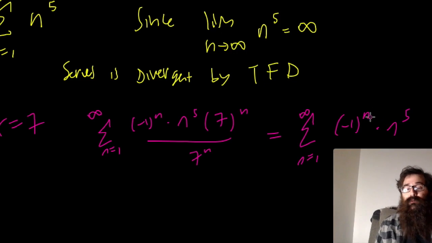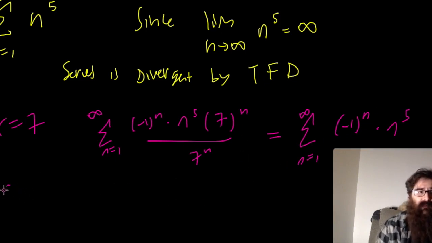Now this is an alternating series, so I could use alternating series test, but it's going to fail miserably. These terms don't decrease in magnitude as n goes on, and the limit's not going to work either. So really, we want to go back and think more about that test for divergence.